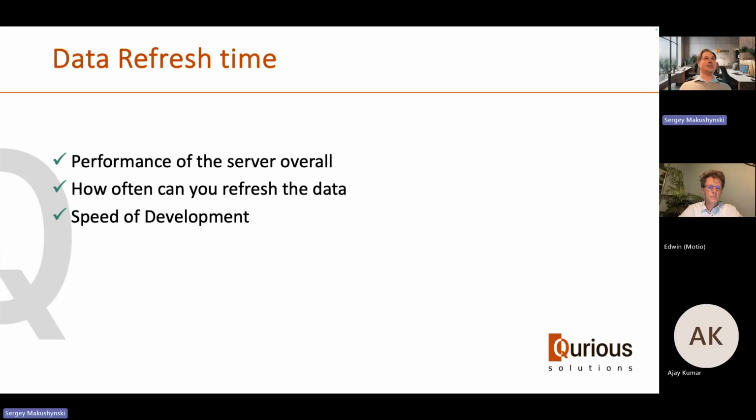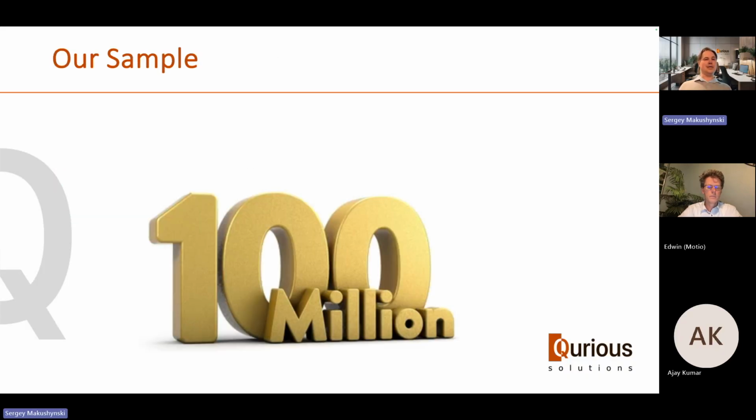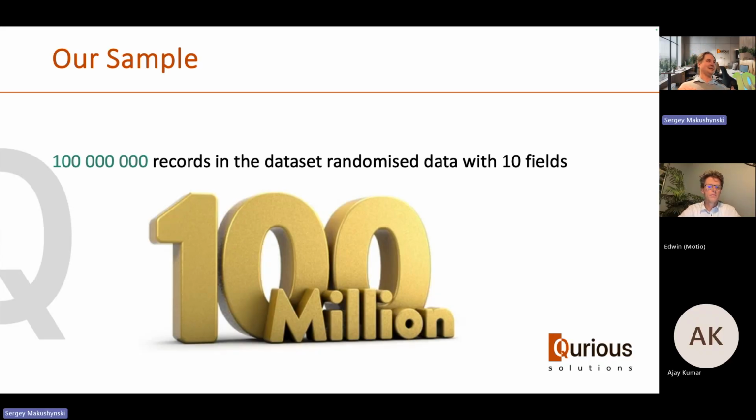So that's why today we are going to explore a data set of 100 million rows. I created it, just randomized data and so on. It's not very representative because it's been loaded too fast for my taste, but in real life it's definitely much slower, especially when you load it from the database.